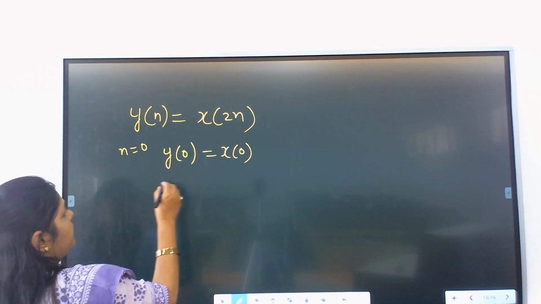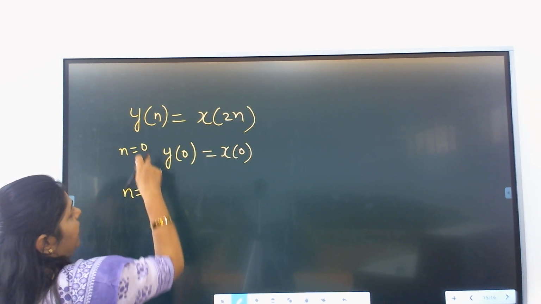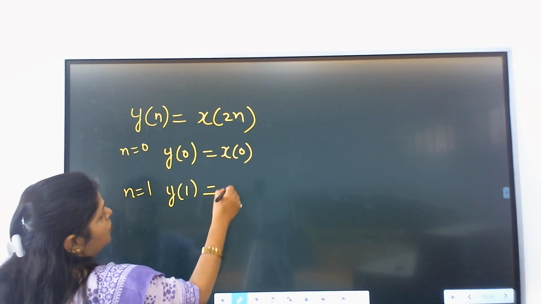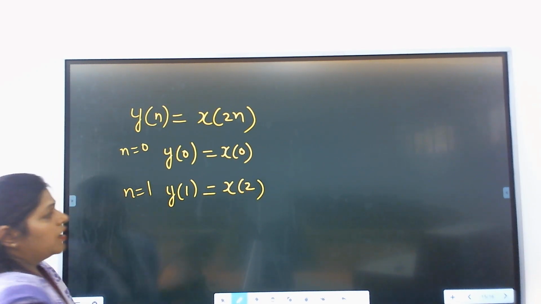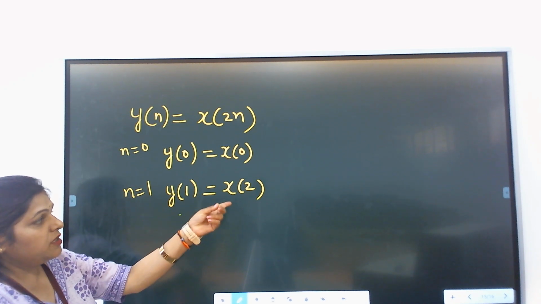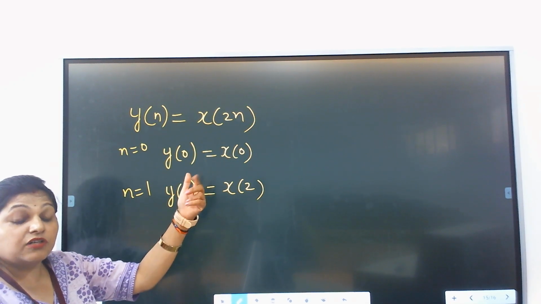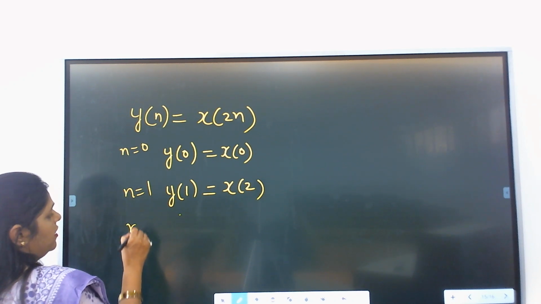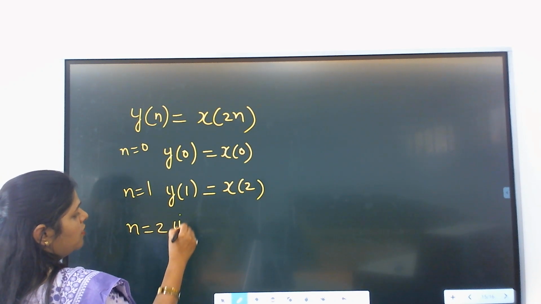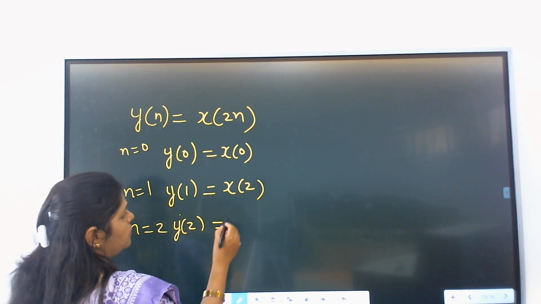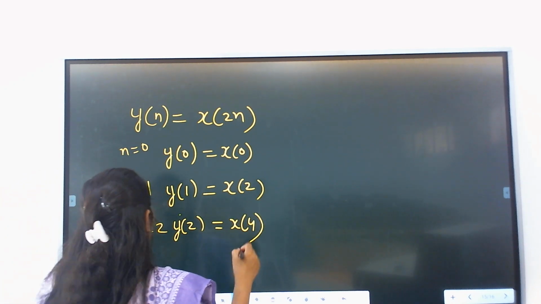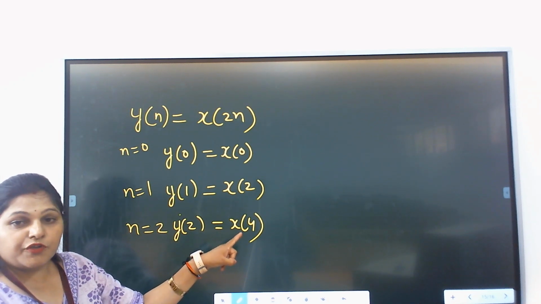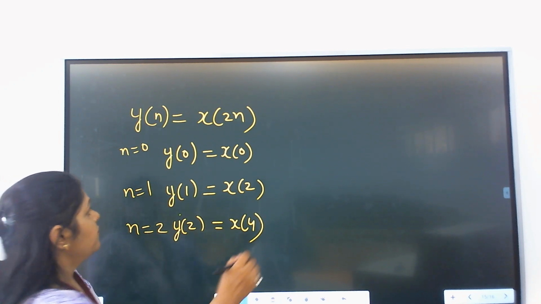If n equals 1, y(1) equals x(2); the output depends on a future value of input. For n equals 2, y(2) equals x(4); again the output depends on a future value of input.